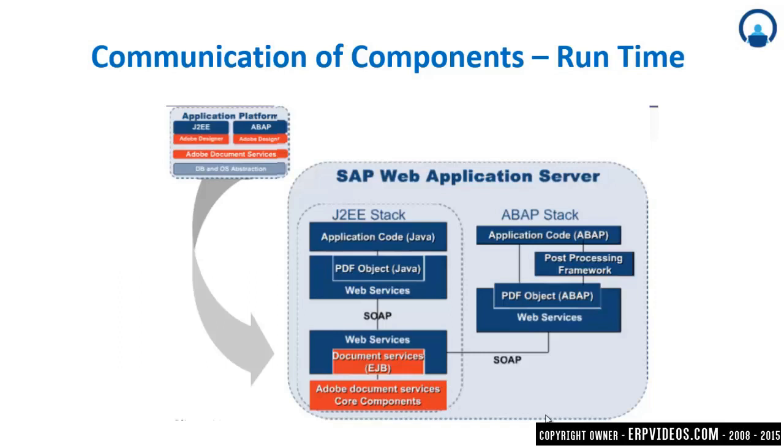So this is how the web application server works with the application platforms, with either of the Adobe Designer based on Java or ABAP, and based on that the web services are placed with the help of a SOAP protocol. So this is how the communication takes place during the runtime for Java and for ABAP. This is the explanation for the pictorial representation of the web application server during runtime.